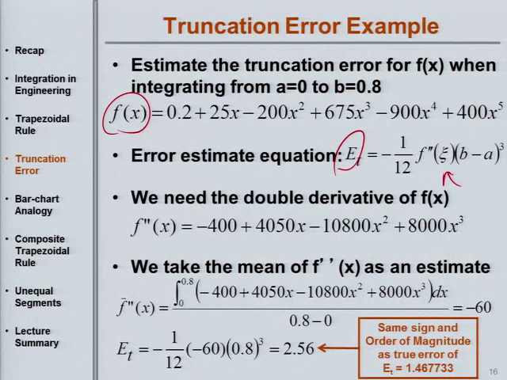Well, in actual fact, if we take the mean value of f double dash, it's not going to give us a correct answer, but it's going to give us something that's the right order of magnitude. And one of the things I'll try and get across in the rest of the course is that it's almost never possible to get exact estimates of error when you're dealing with things computationally.